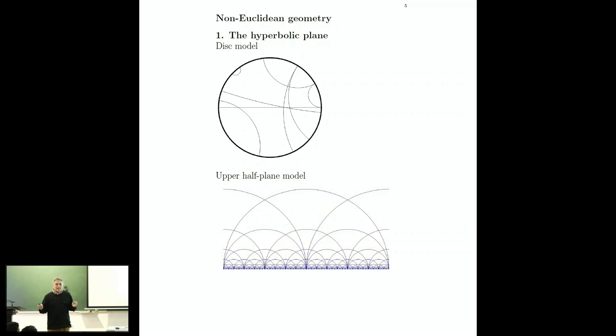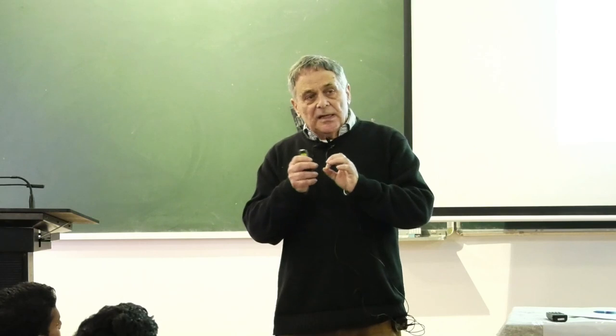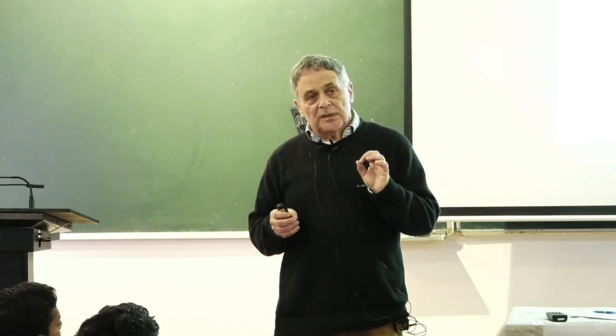Knowing the straight lines in a geometry means that you know everything, in fact, because the axioms of a geometry concern only points and lines. If you look at Euclid's axioms for Euclidean geometry, you have axioms between points and lines, and hyperbolic geometry is just a little modification of these axioms.